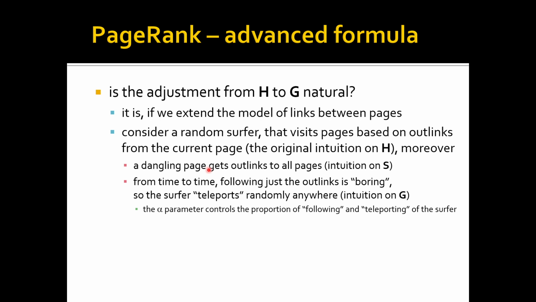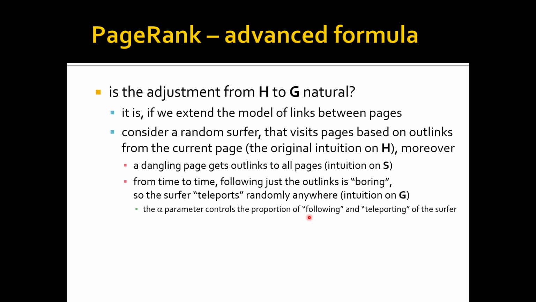So there is randomness of the surfer, because in a dangling page there is a random, arbitrary decision of the surfer. But not only in the dangling node, but at any time in any page, from time to time, any surfer can just say, well, just following links is too boring. I need to go somewhere else, completely elsewhere. And the surfer teleports randomly anywhere. And this is basically the semantics of adding very small numbers in the place where there were the zeros.